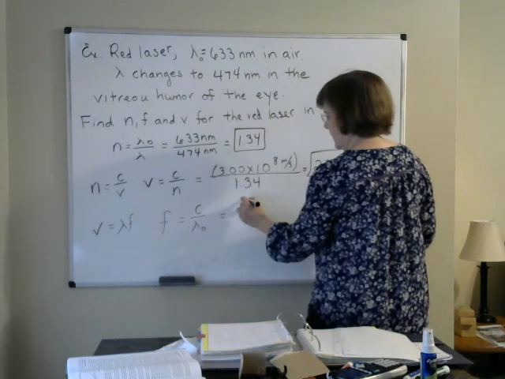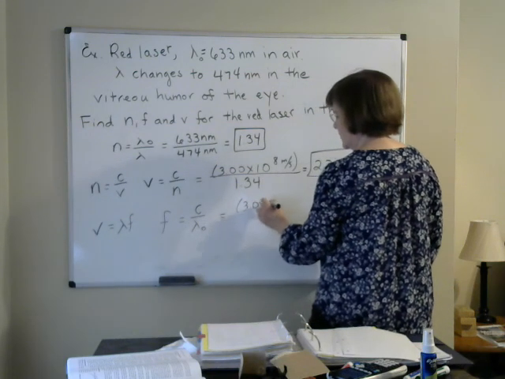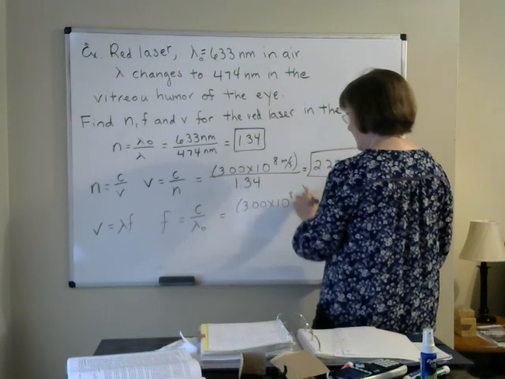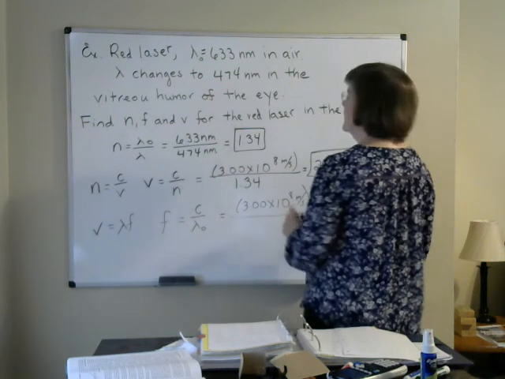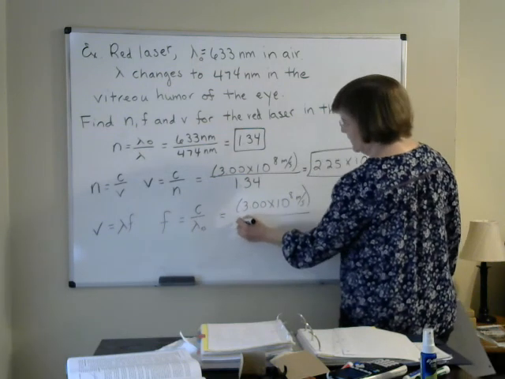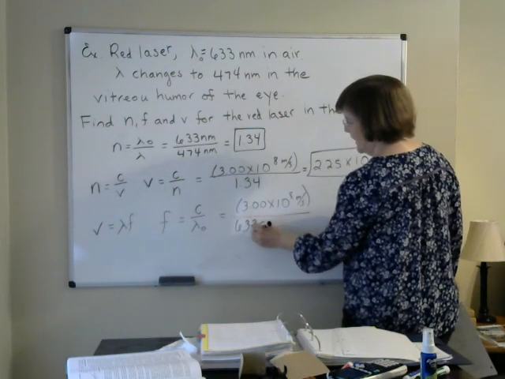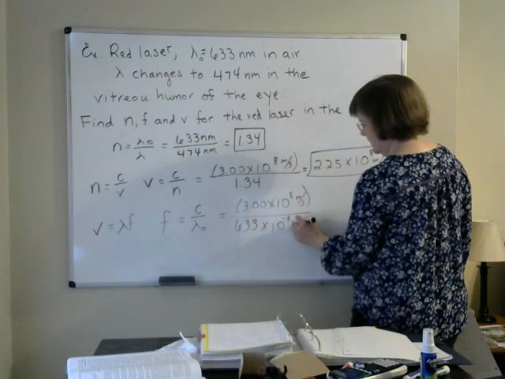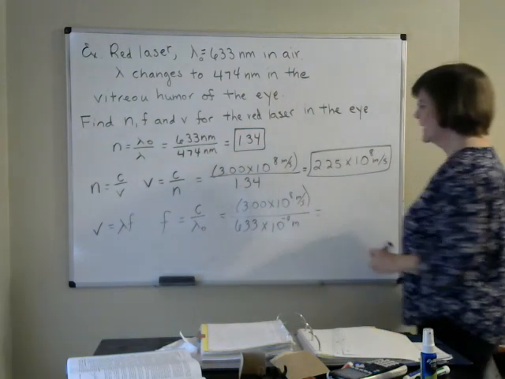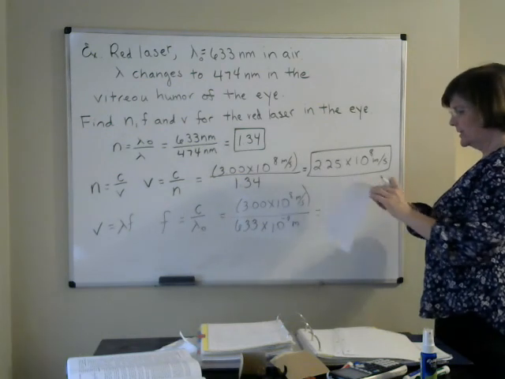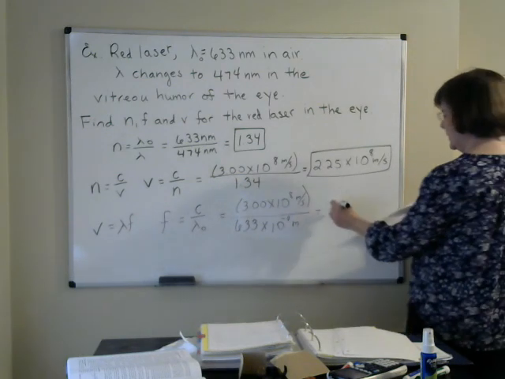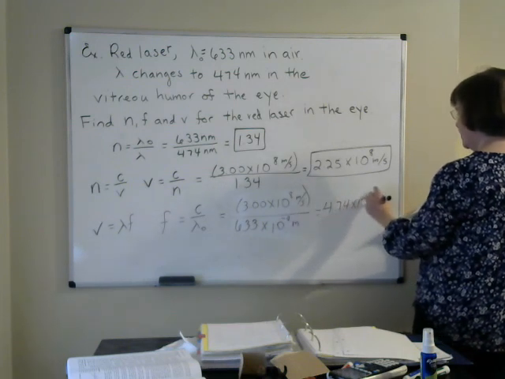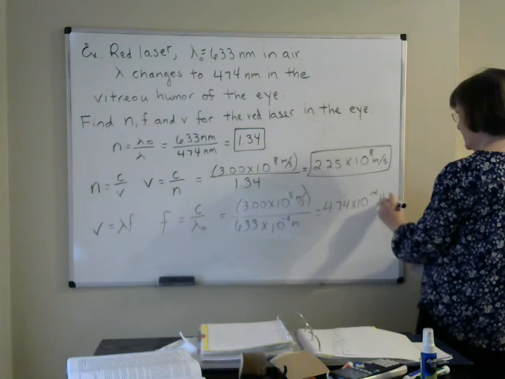The speed of light is 3.00 times 10 to the 8th meters per second. The wavelength in the vacuum is 633 nanometers times 10 to the negative 9 meters. Notice the meters will cancel, and our units will be per second. It comes out to be 4.74 times 10 to the 14th hertz.